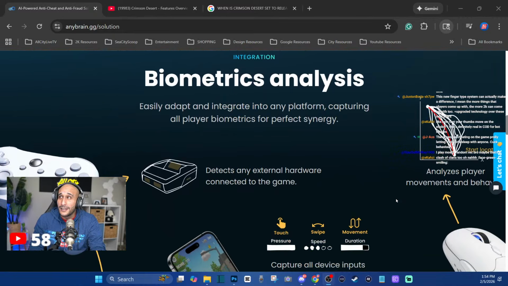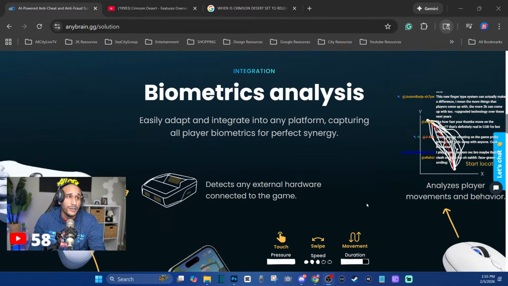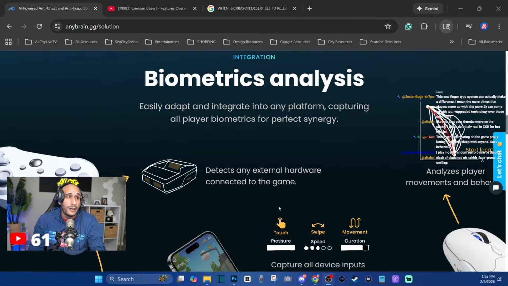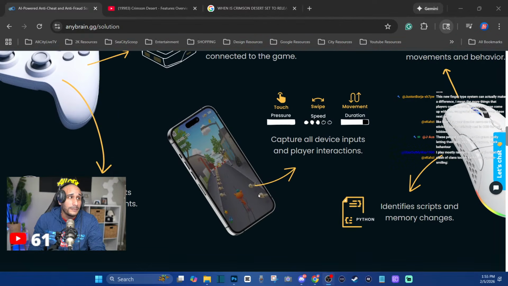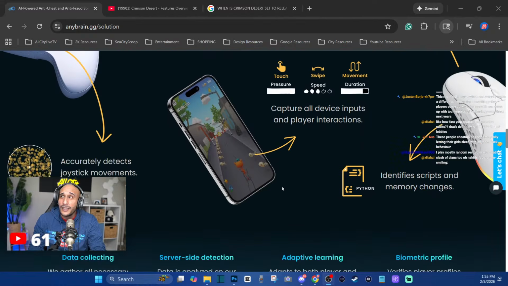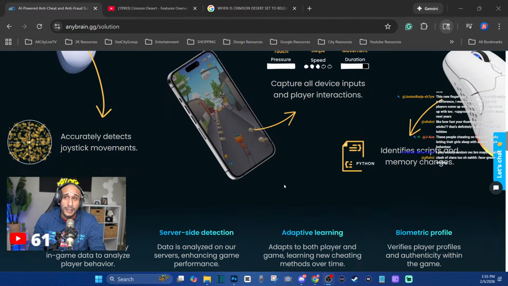Biometrics analysis. So not only will this anti-cheat detect any external hardware connected to the game, it accurately detects joystick movements. And that's the difference maker here. That's exactly what we're talking about.